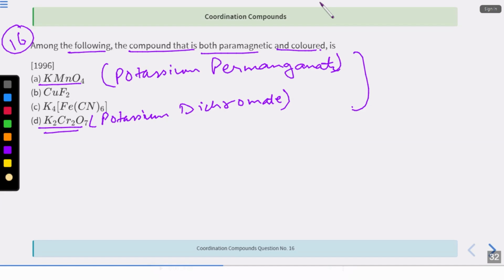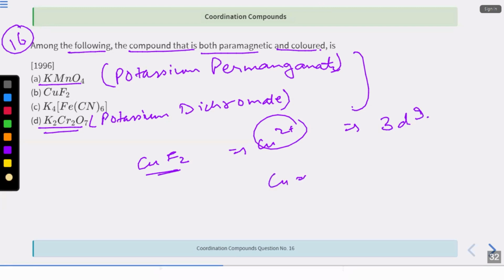In this case, we know that CuF2 will exist in the Cu2+ state, and we know that copper is 3d9. Copper is basically in argon 3d9 4s1.